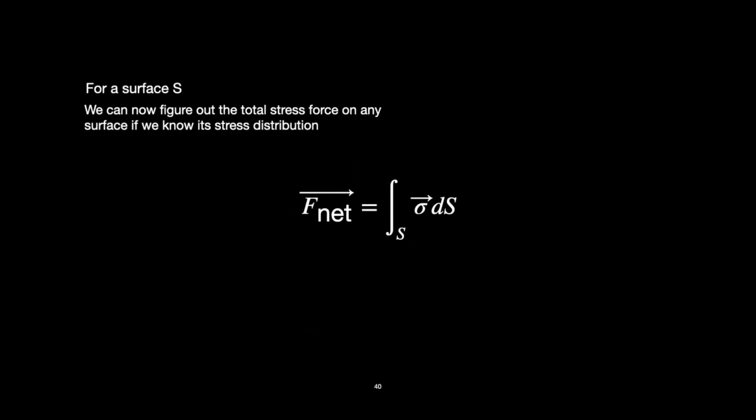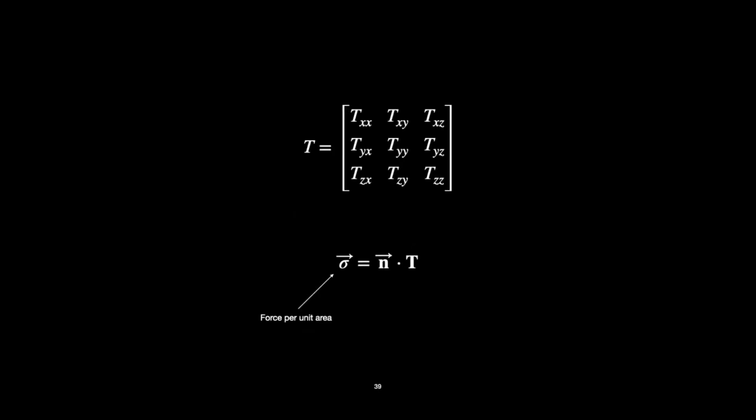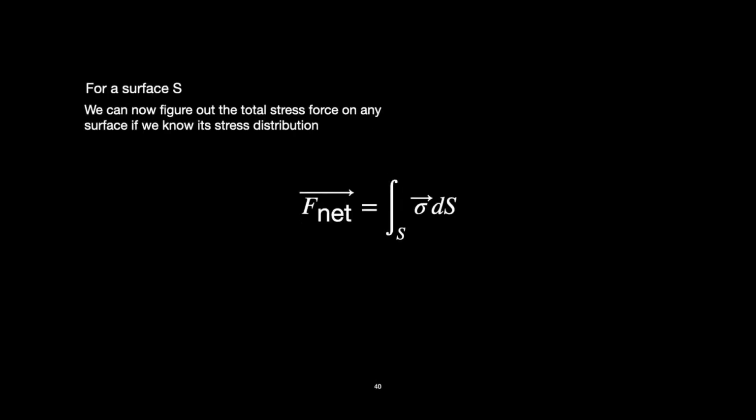Let's go forward. So now we have the tensor distribution for a cube for any surface. It's really easy to calculate the net force due to the stress for that thing, because we know the stresses which are going to be on that object. We know the force per unit area for every face. We know the net force.